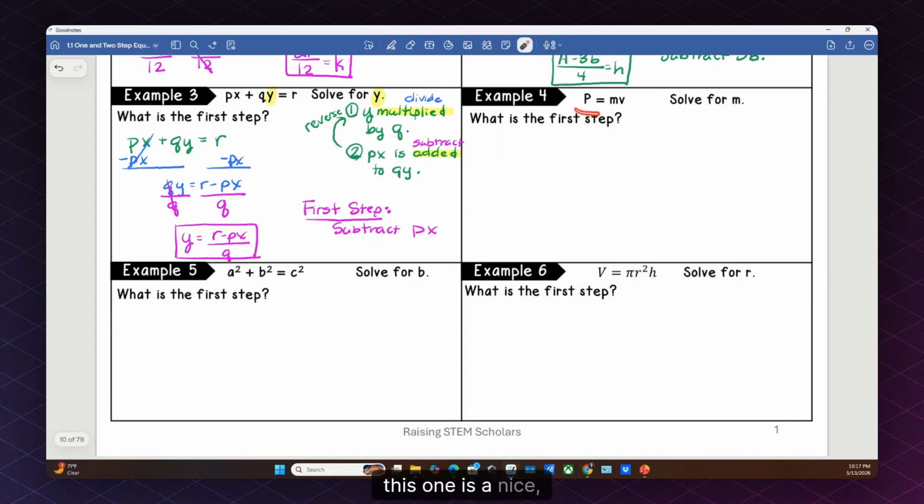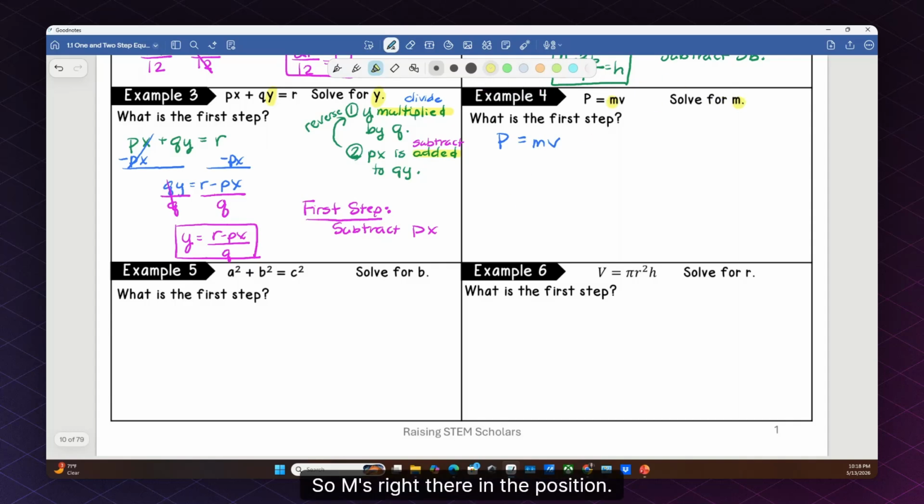Okay, this one is a nice, easy equation where we're going to solve for m: p equals mv. And so if I write this over again, I've got p equals mv, and they want us to solve for m.